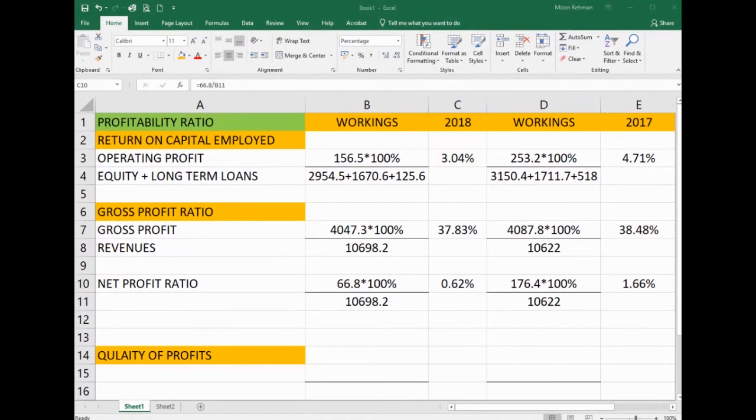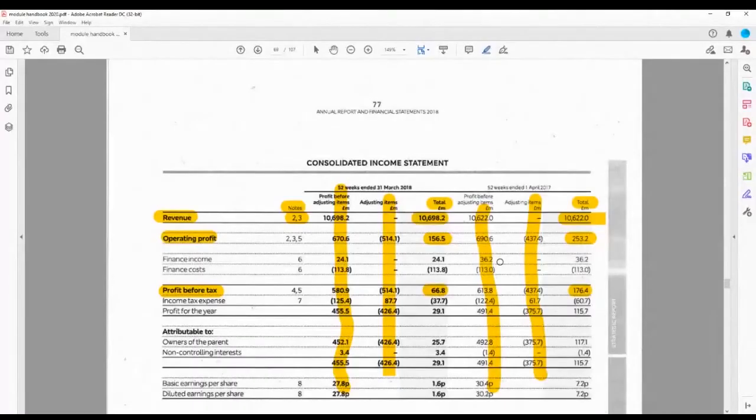If you look at the income statement, you can see that the operating profit was 253.2 million in 17 and is almost 60% down in 18.